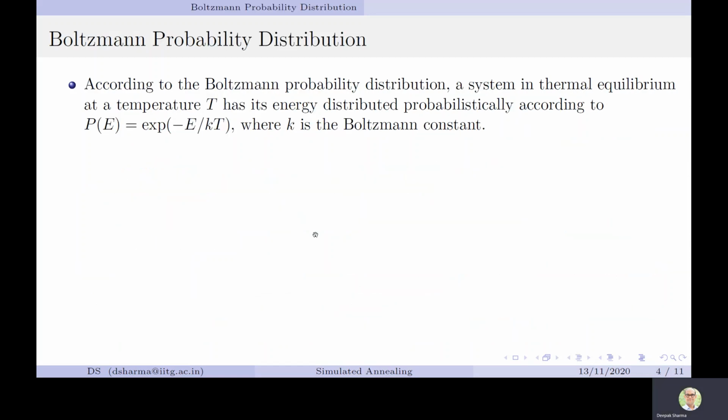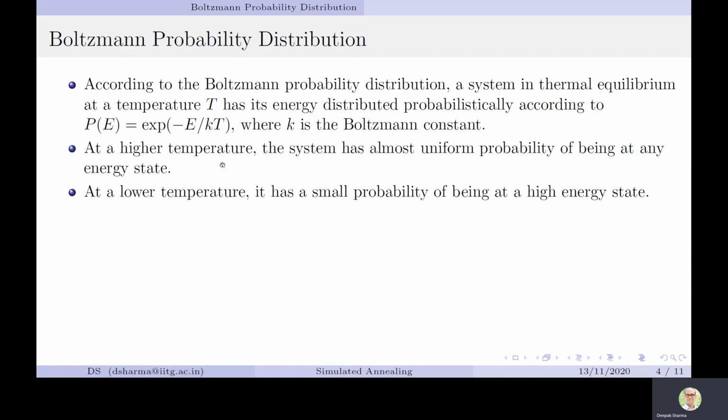According to the Boltzmann probability distribution, a system in thermal equilibrium at a temperature T has its energy distributed probabilistically, with probability given as exponential of minus E divided by kT, where k is the Boltzmann constant and T is the temperature.